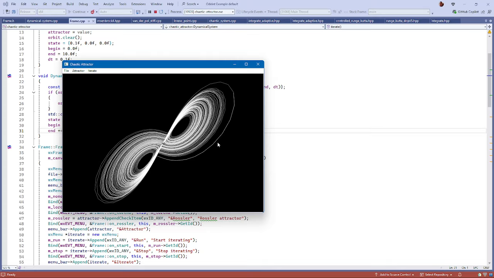So it's not necessarily the case that choosing adaptive step size means that I'm going to get less arc length on the screen for a given chunk of iteration.